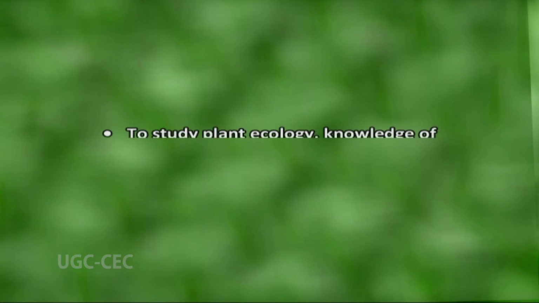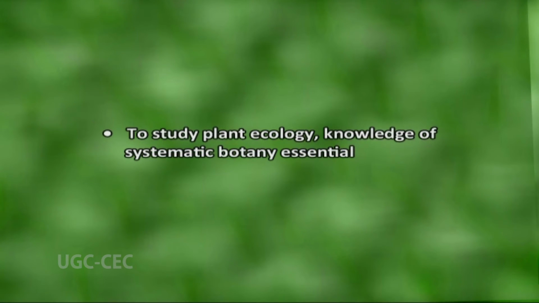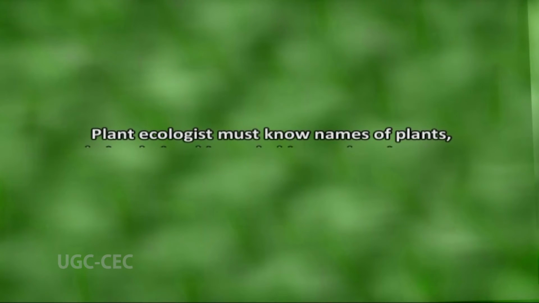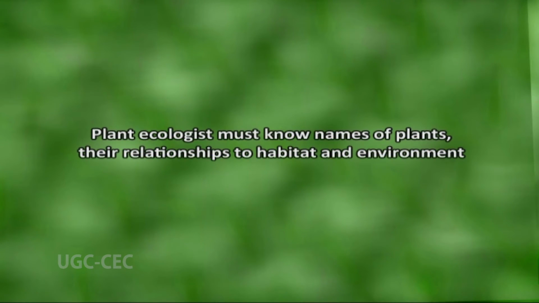Number 3. To study plant ecology, the knowledge of systematic botany becomes essential. The plant ecologist must know the names of the plants and their relationships to habitat and environment. The character of the soil of a land area may easily be judged by the vegetation grown there.